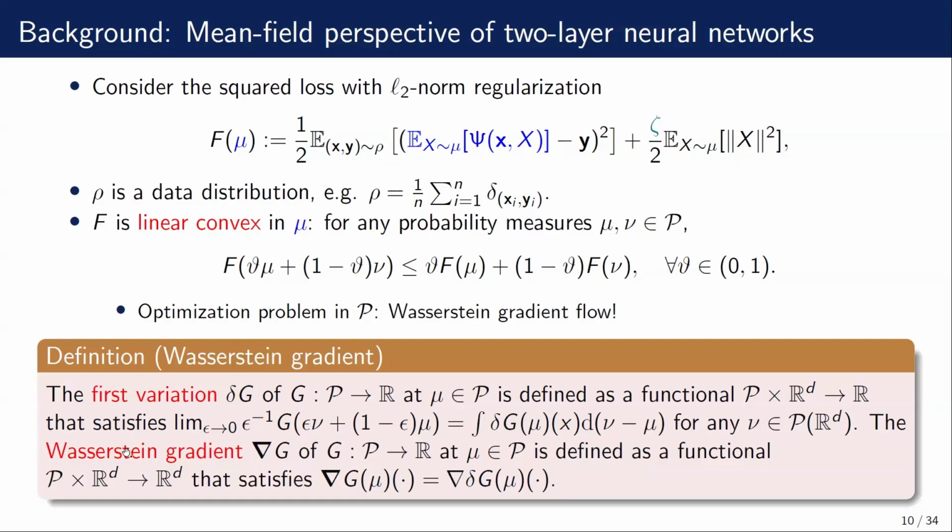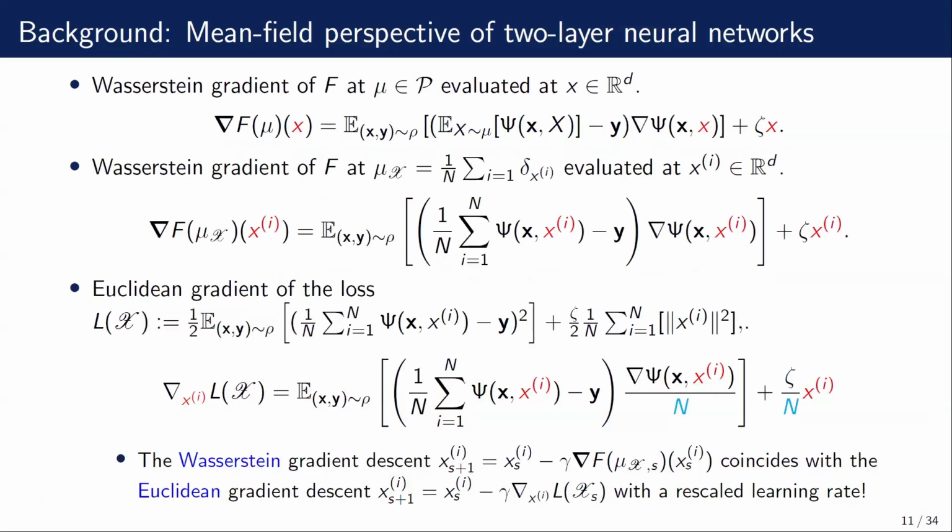So just trust me, there's a Wasserstein gradient of an objective G, which is actually a mapping from R^D to R^D. The Wasserstein gradient of G at a measure mu is defined as a function mapping from R^D to R^D that satisfies some relation. Okay. And what makes it nice is that, given the simple form of F we consider, the Wasserstein gradient has a very simple form.